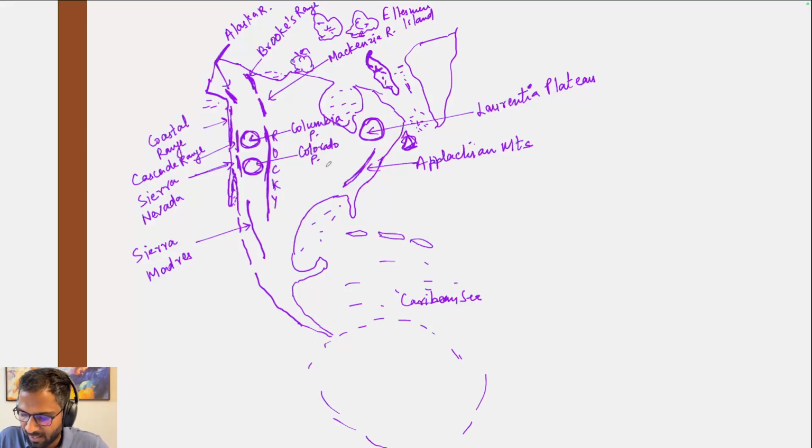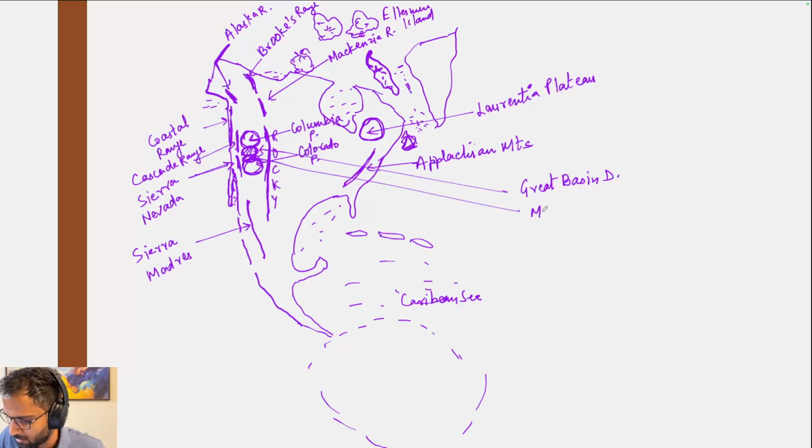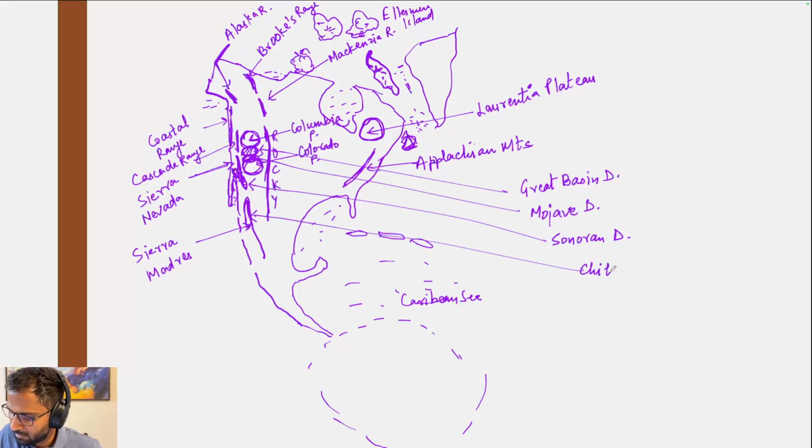So between the Columbia and Colorado Plateau, there is a desert called the Great Basin Desert, and below this Great Basin we have another desert called the Mojave Desert, and on the tip of the Gulf of California, extending southward, this one is the Sonoran Desert, and further southward we have another desert called the Chihuahuan Desert.